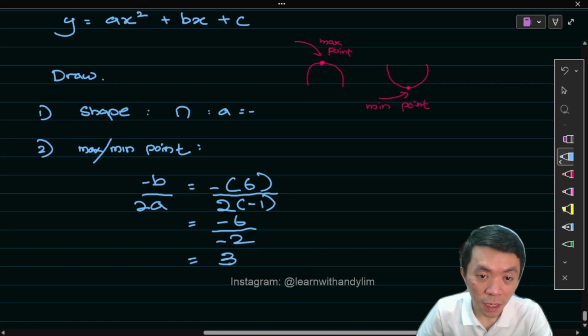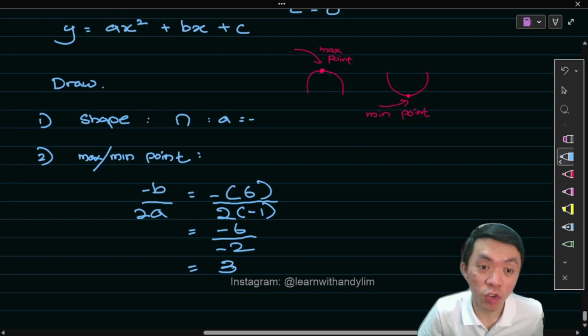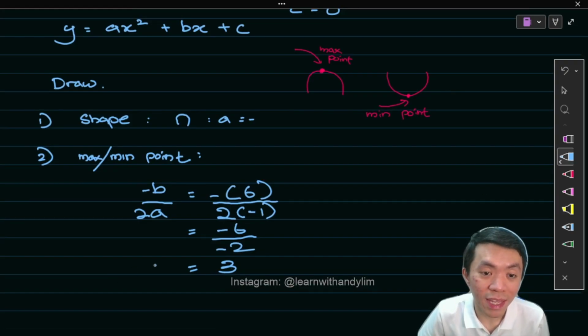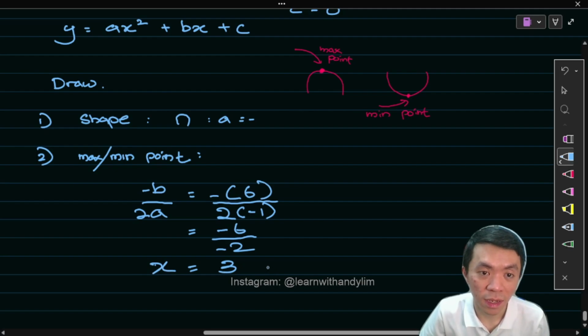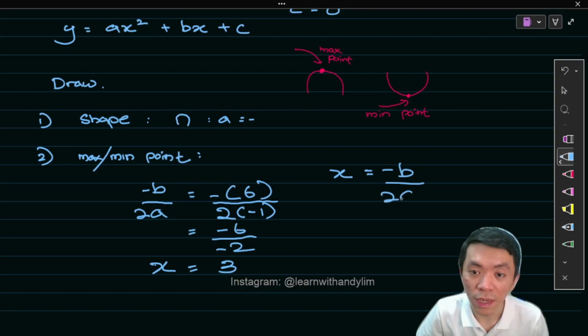So what happened here? My maximum point is located at 3. What does this 3 mean? I'm just going to put x value. So the general formula for us to find the maximum point or minimum point is x equal to negative b over 2a.